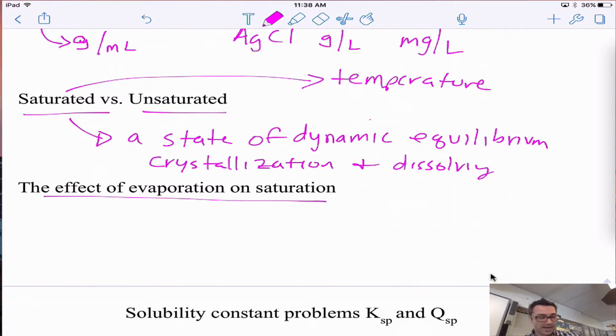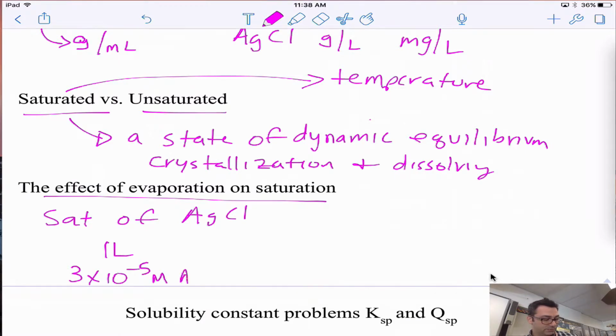Let's say you had a saturated solution of AgCl, and the volume was 1 liter. Let's say the concentration of the AgCl in the solution was 3 times 10 to the negative 5 molar of Ag plus and Cl minus.